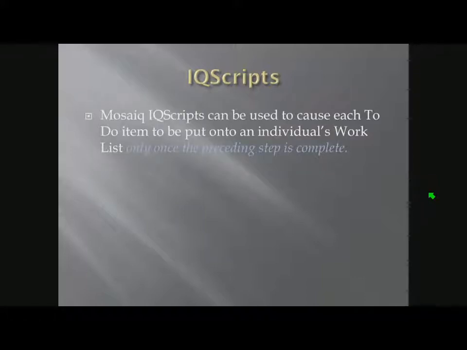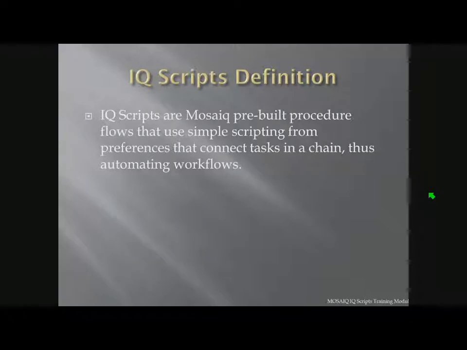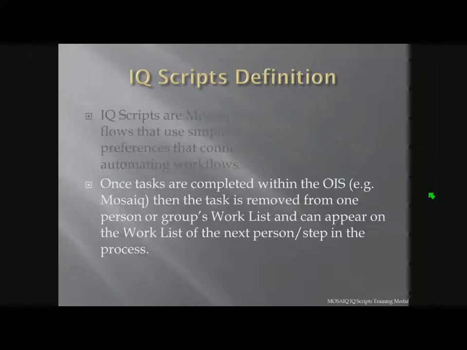Mosaiq's product is called IQ Scripts, and it can be used to cause each to-do item to be put on work lists only once the preceding step is complete. It automatically sequences the tasks in proper order. And as I said, these are pre-built procedures that flow using simple scripting.